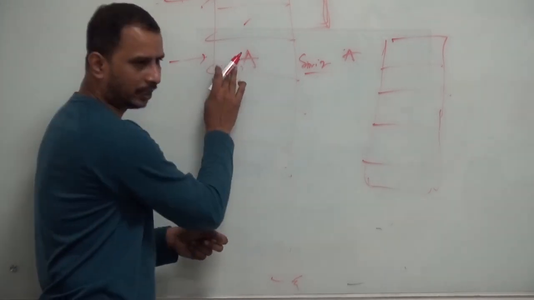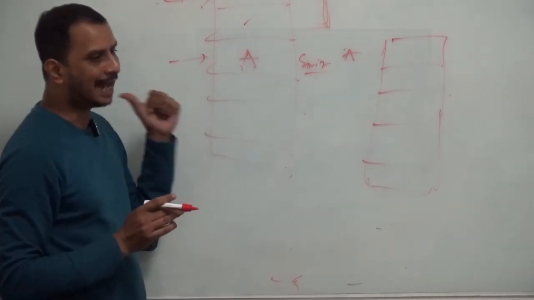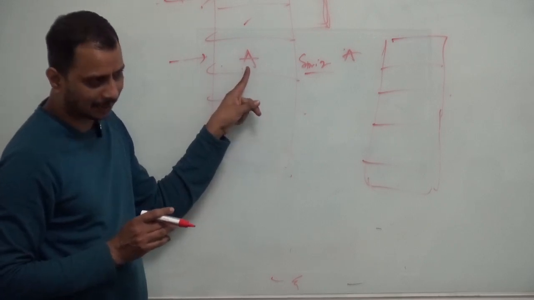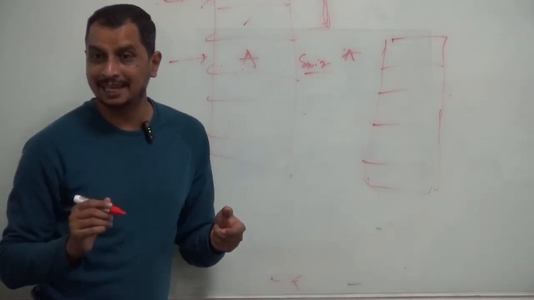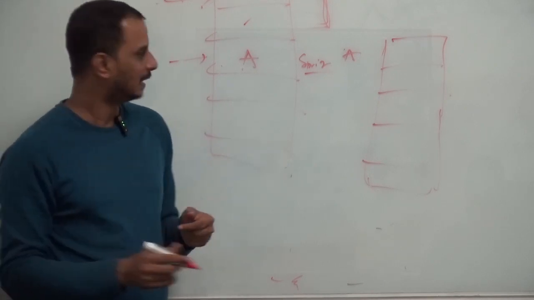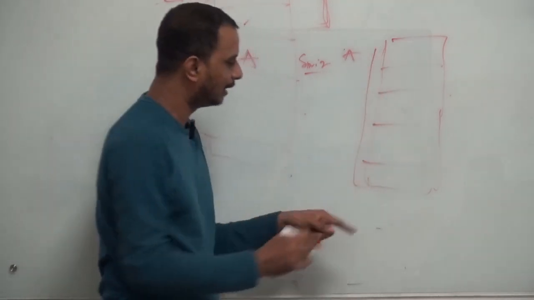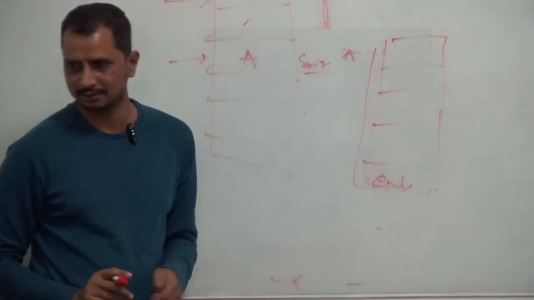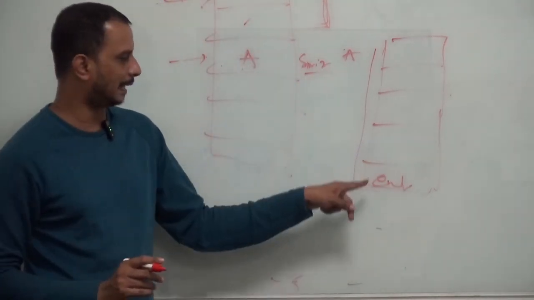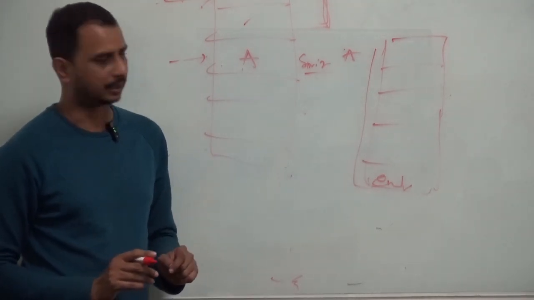Here it will access 1 and go back. But back in the program we know this is not data. This is the address of a place where data is stored. And we'll start accessing data here till we get an end symbol, or termination of the string.